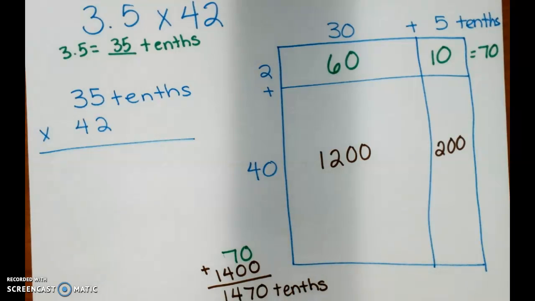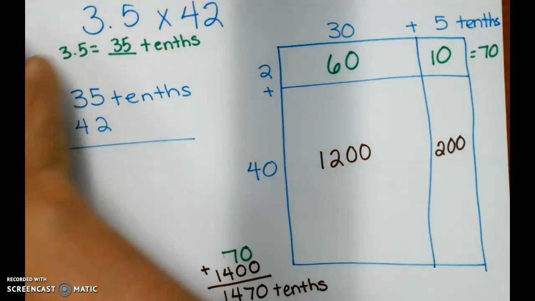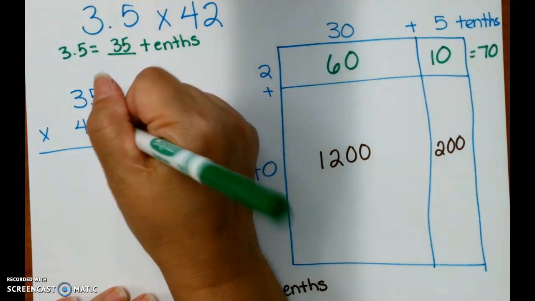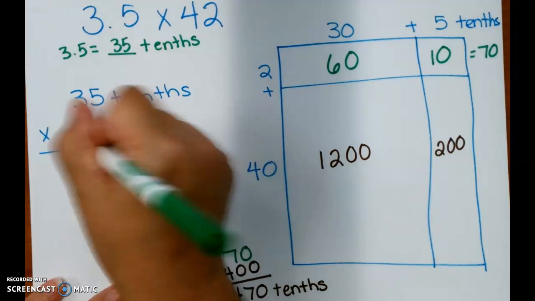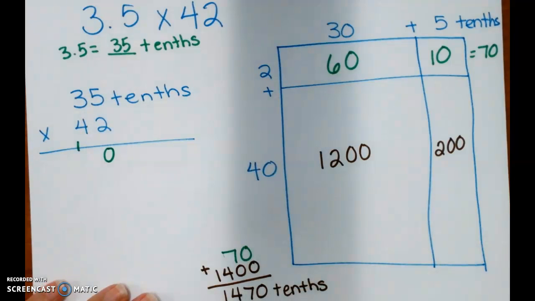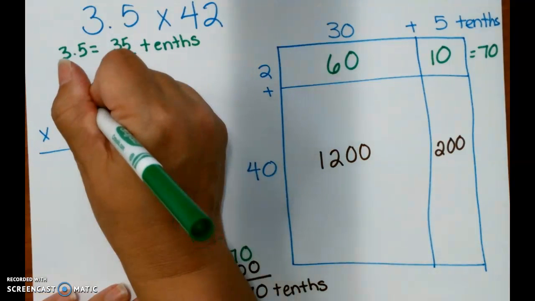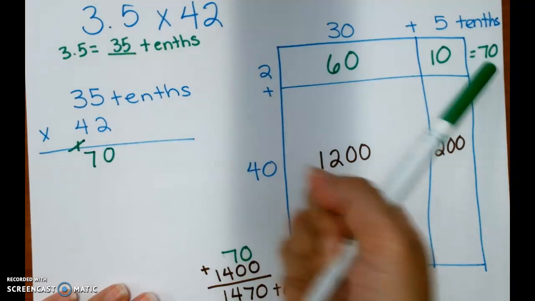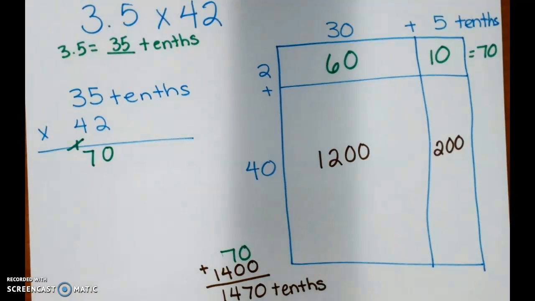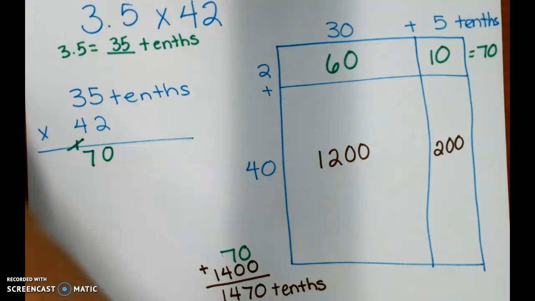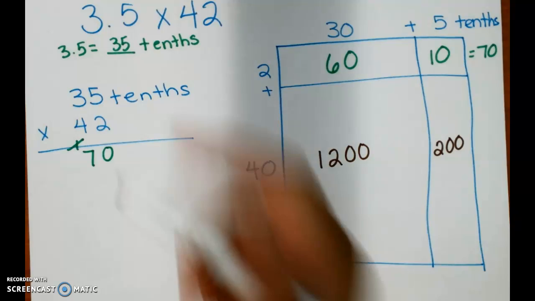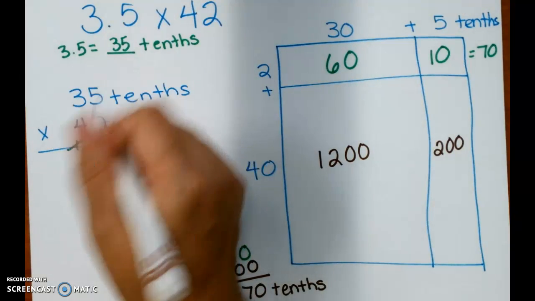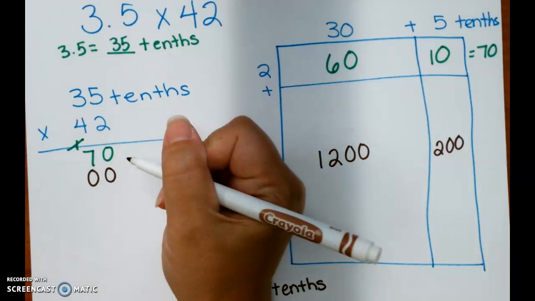Let's do our partial products in our standard algorithm. So, 2 times 5 is 10. Write down my 1. 2 times 3 is 6, plus 1 is 7. There's my 70. Again, multiplying by 40. What do I need in my ones place? A 0. 4 times 5 is 20.